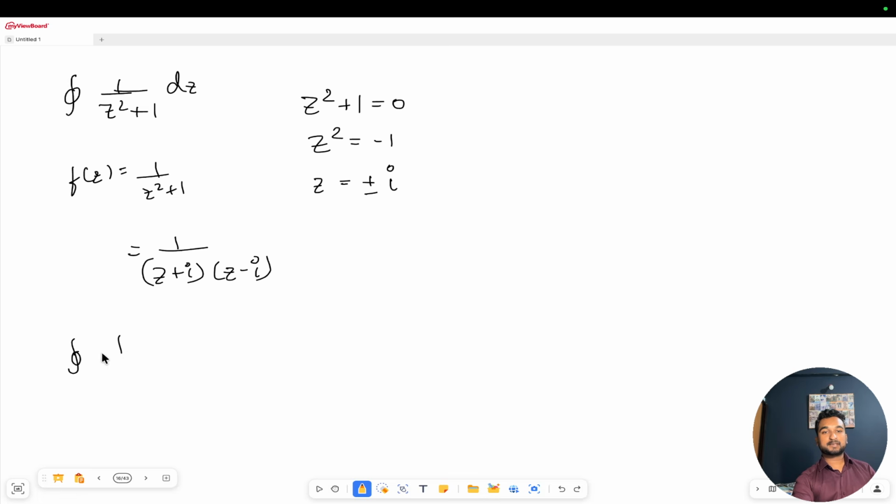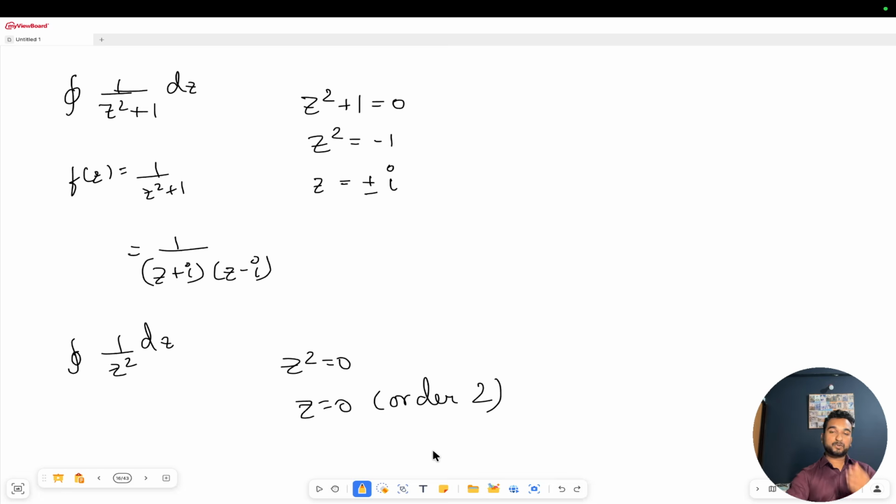Now if the function is like this, z square dz, so if you put z square equals to 0, we get two zeros, there is nothing further. So z equals to 0 is a pole of order 2. I don't have many examples to show you here, but you can understand from here.